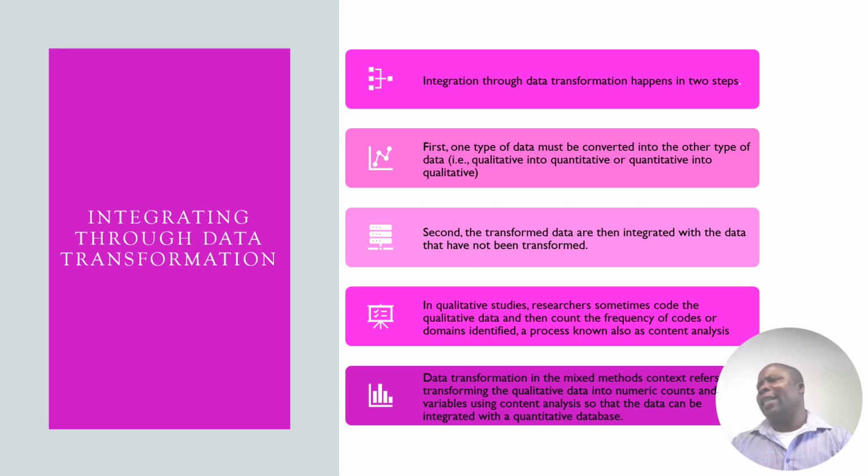So in a qualitative study, researchers sometimes code qualitative data and then count the frequency of codes. I normally do this. I love it because I'm from the quantitative side, although I'm also good in qualitative. And yes, there are so many advantages of doing this. If you want to do this, I advise you to record your interviews, and to record all the group sessions or the focus group discussions.